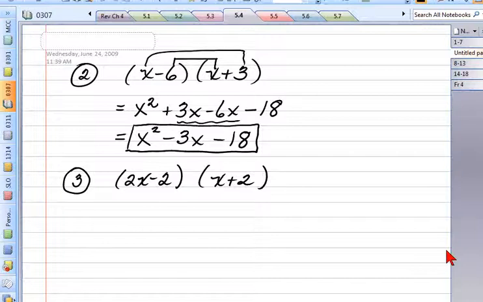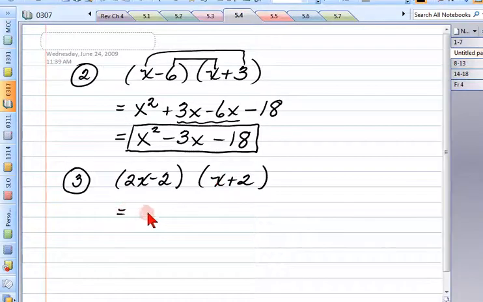All right, product of the first. Most people don't have any trouble looking at the first position times the first position. What will you get as a product? 2x squared. Okay, now outer product. Look at the outermost. What do you get as a product for the outers? 4x.